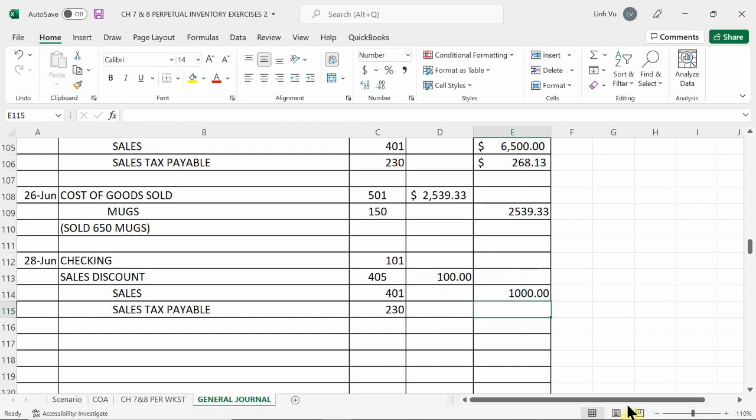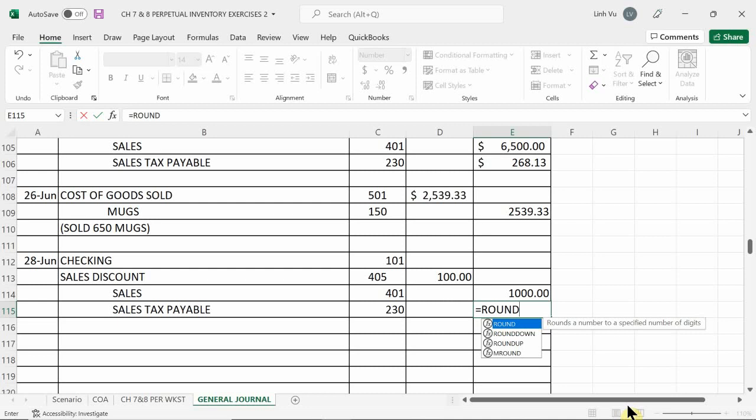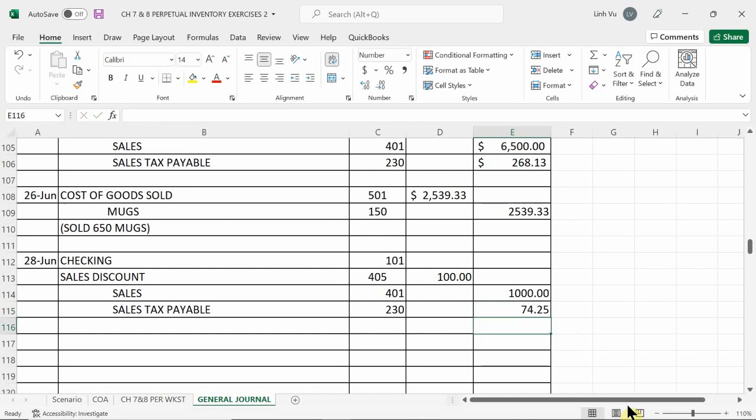So therefore, how much tax am I actually going to be charging? I have to charge it off the discounted amount, right? So 1,000 minus 100 gives you 900 times the tax will give you 74.25.